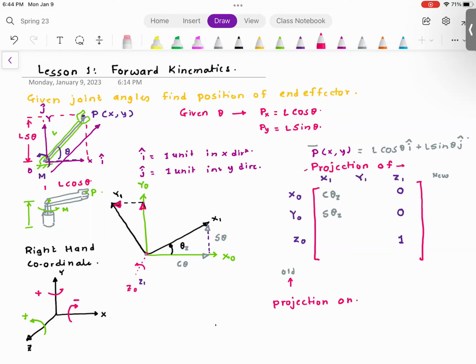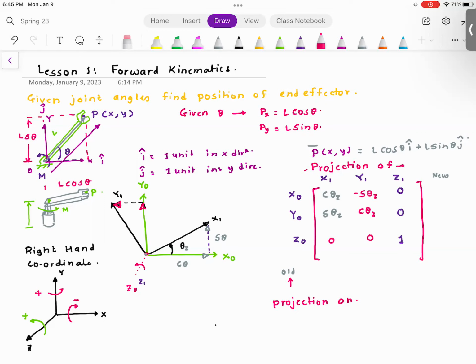Everyone understood this? Okay, so first, Y1 projection on Y0 is cosine theta Z, minus sine theta Z. Are you with me so far? And then clearly we said earlier, here it will be 0, here it will be 0. Are you with me so far?